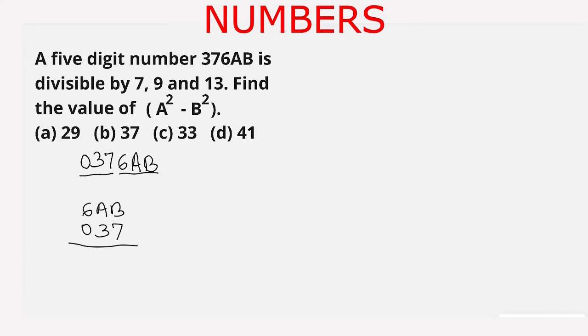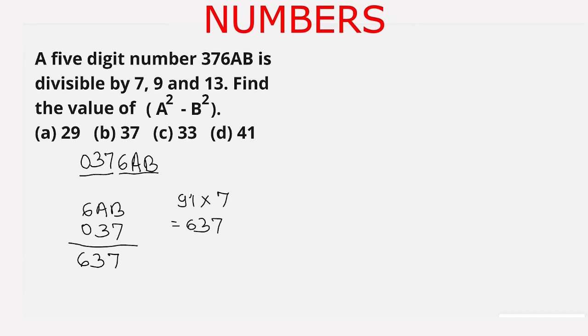So we subtract 37 from 6AB, then we must get some number above 600 and a multiple of 91. So 91 times 7 is 637, and we put this as the difference of 6AB and 37.